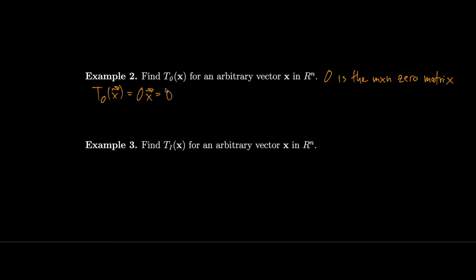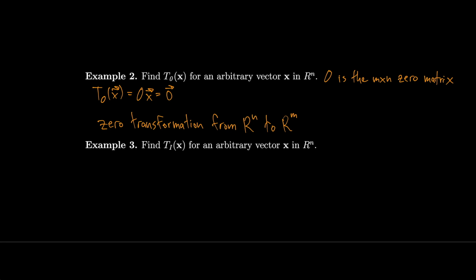So that's just the 0 vector. So that means that it's always going to be the 0 vector. We call this the zero transformation from Rn to Rm, because the image is always 0.